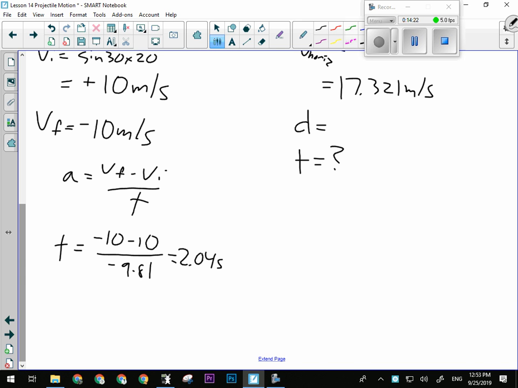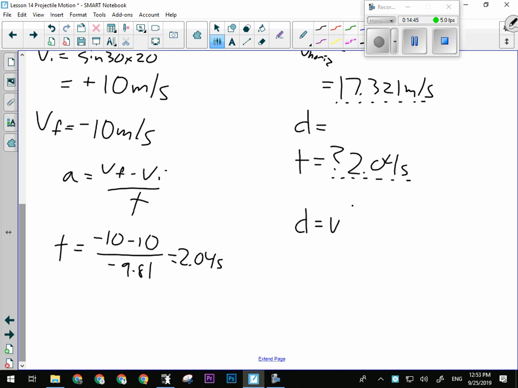Can that time go over there to the horizontal part? Yes, because the whole time they're up and down, they're also going side to side. So 2.04 seconds. Now, since I know how fast they were going, and I know how long they were going that fast for, I can figure out how far they would go.